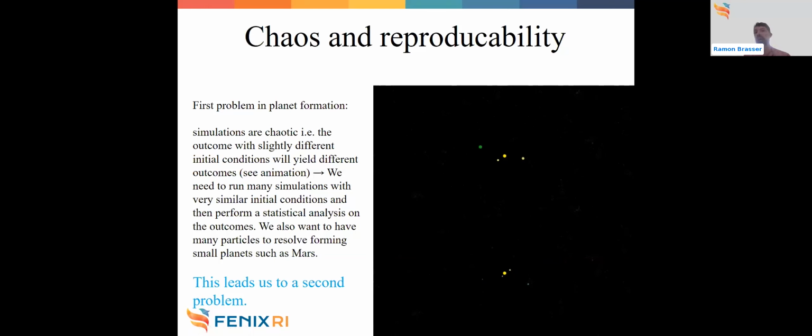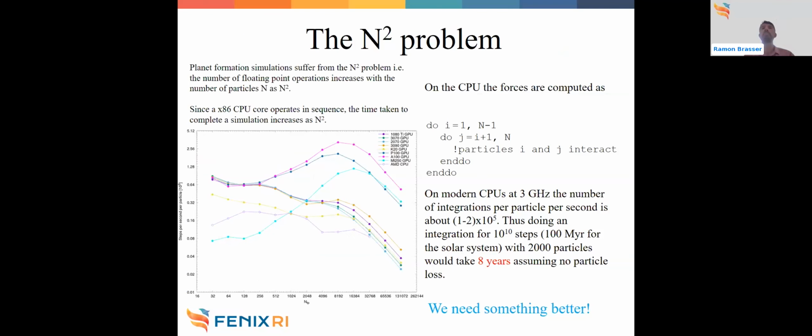We need to run many simulations to apply statistics and then get a statistical distribution of outcomes and see whether those comport with the planetary systems that we see. That's why we need HPC resources, because they have many GPUs and CPUs available that we can use if we apply for enough time and, of course, get the time.